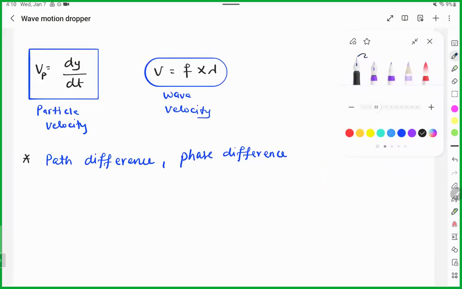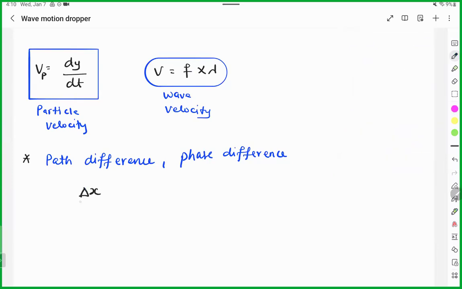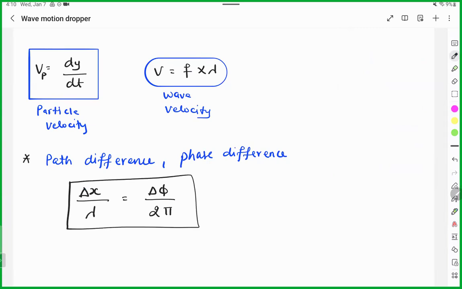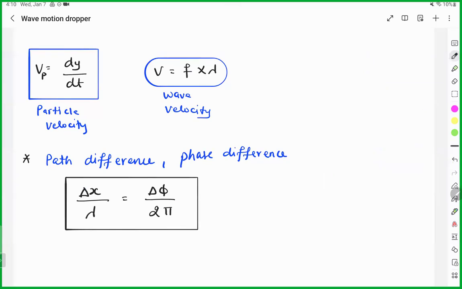The simplest way to calculate path difference and phase difference: path difference delta x, change in the path divided by the wavelength, is equal to change in angle divided by the total angle 2 pi in one location. You are comparing with one complete wave. For example, if you take one wave, this is one wave.